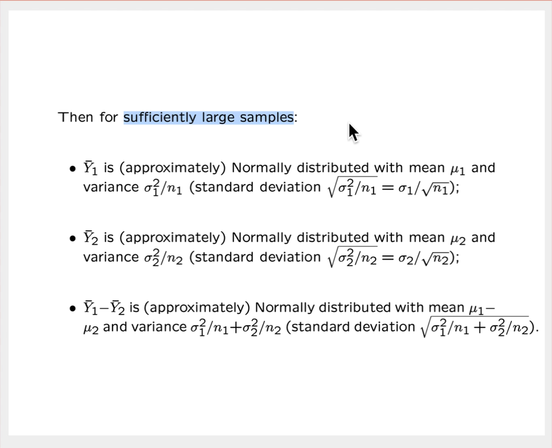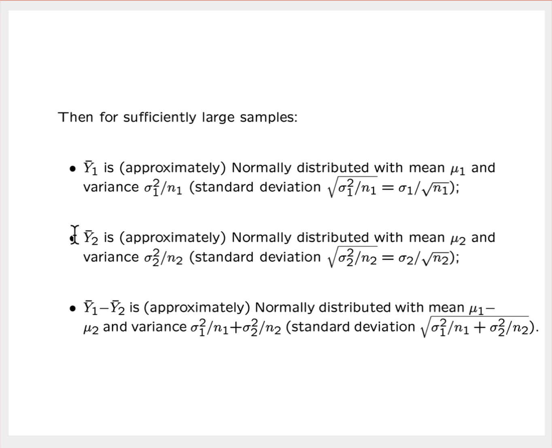Now, regardless of any of that, we know that the mean of the sampling distribution of y bar 1 is equal to mu 1, the mean of population 1, and the variance of the sampling distribution of y bar 1 is equal to sigma 1 squared over n1. Those two facts are true regardless of whether the population that we're sampling from is normally distributed.